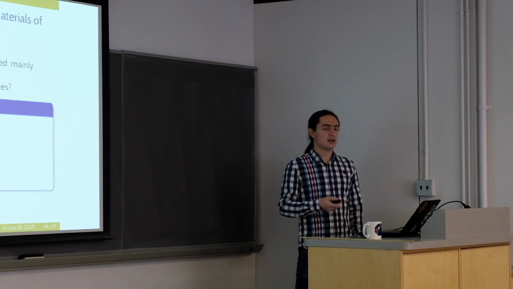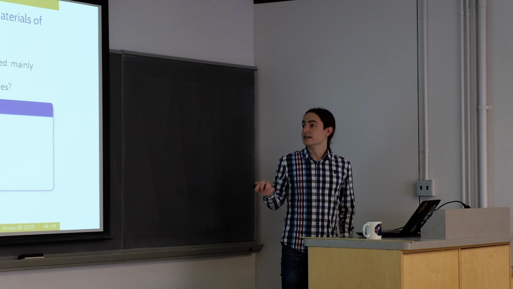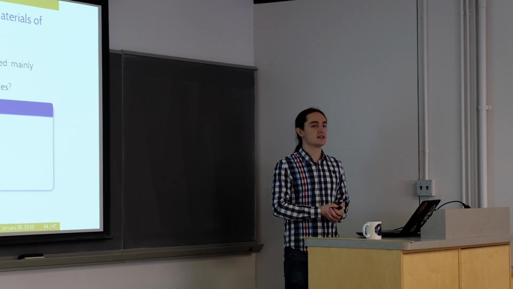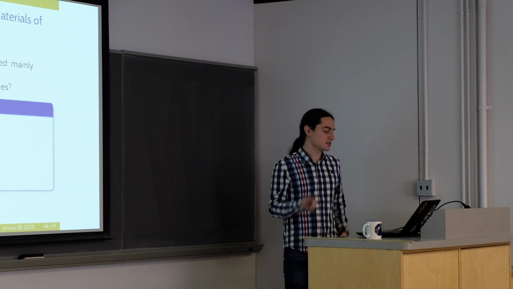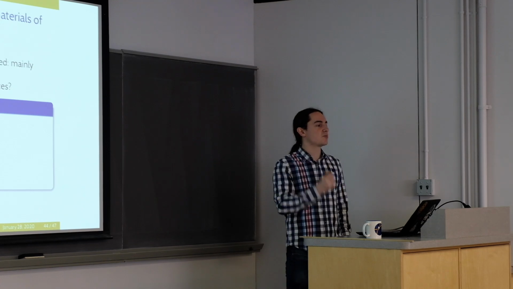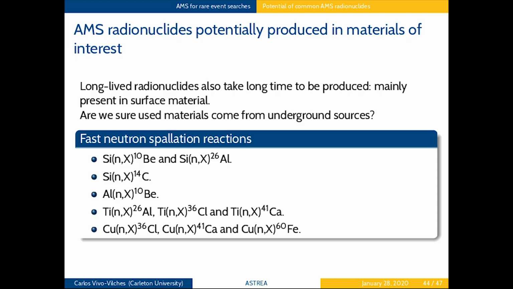Another possibility is to measure other typical cosmogenic radionuclides that are in some materials. Again, if you are sure that the company providing, for example, the silica, is getting the base material from underground parts, then you know it hasn't been exposed to cosmic rays, so you shouldn't have, for example, aluminum-26 or beryllium-10.